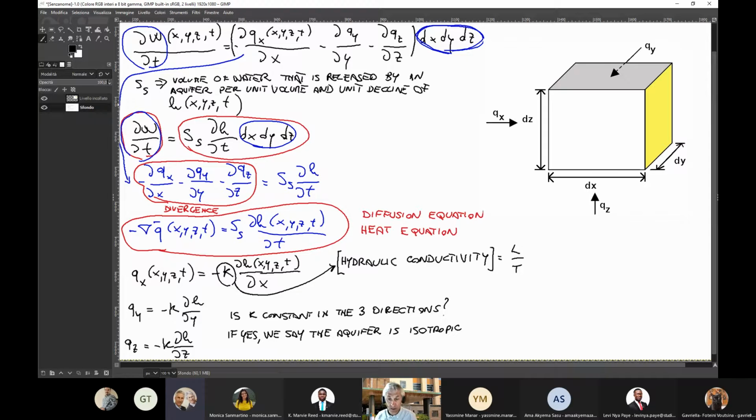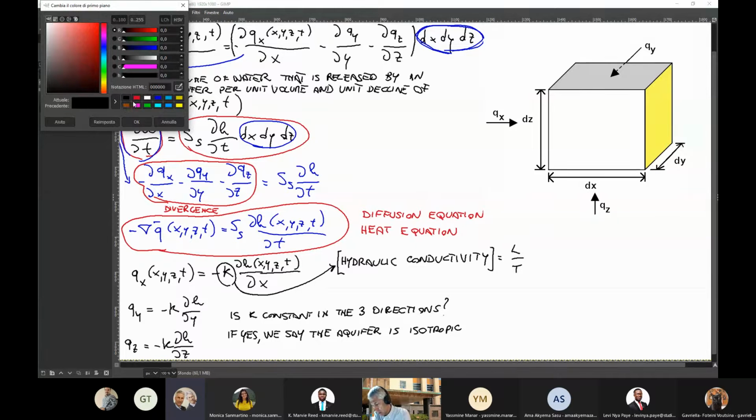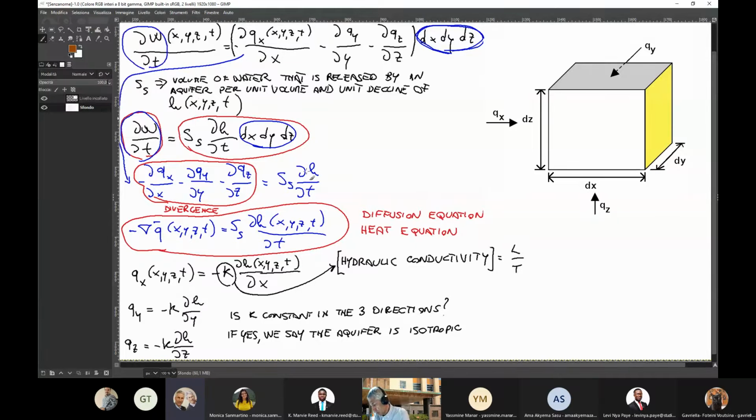Okay, very good. Now, of course, what we see is that the Darcy equation can be substituted into the diffusion equation. In particular, if you look at the diffusion equation in the form that I am now highlighting with the brown color, in the left-hand side what I have is the three derivatives of Q with respect to the three directions.